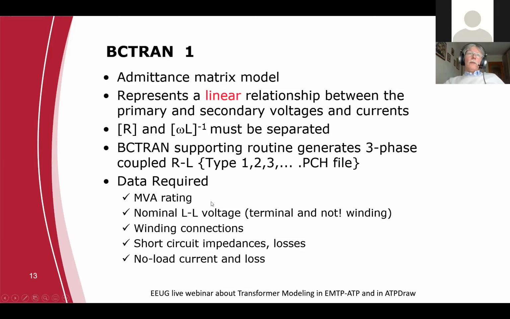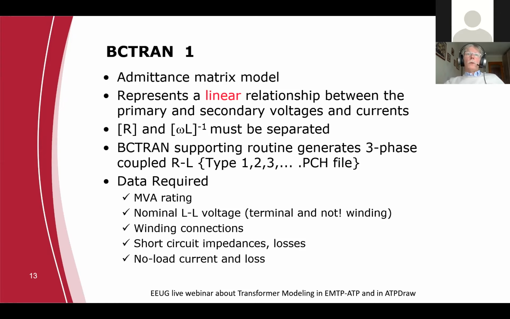The advantage of BCTRAN is the very straightforward input information. You can use the transformer's nameplate data directly. You need just the MVA rating and the nominal line-to-line voltages at both terminals.